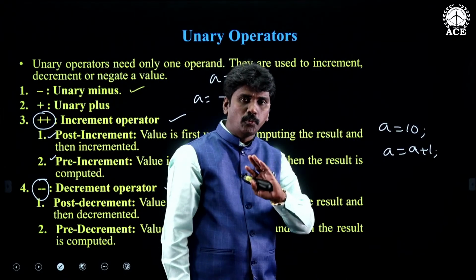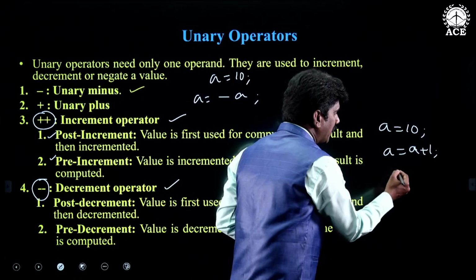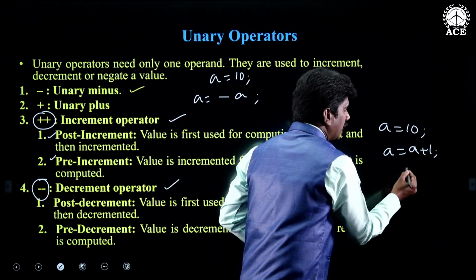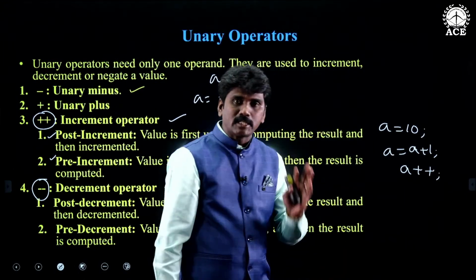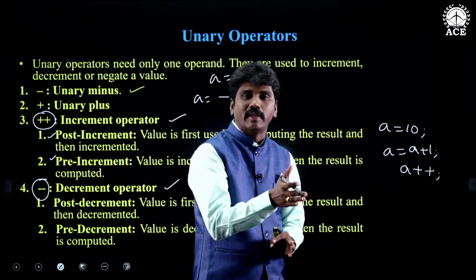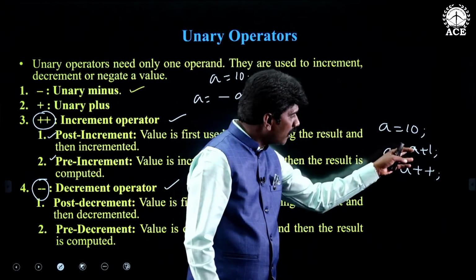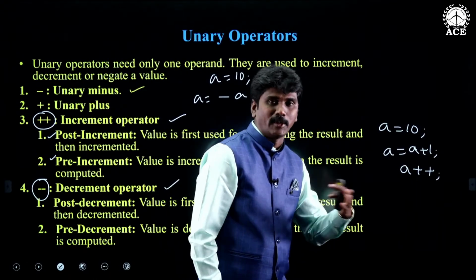Suppose we would like to perform the same operation, simply without writing this much, we can even write it like a plus plus. Plus plus means 1 is going to be added to the variable. Like how a is equal to a plus 1, in the same manner a plus plus is going to be.